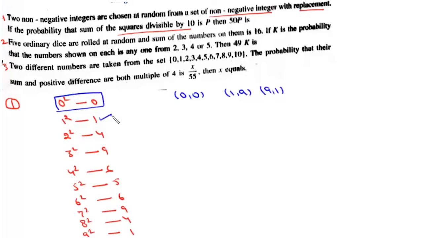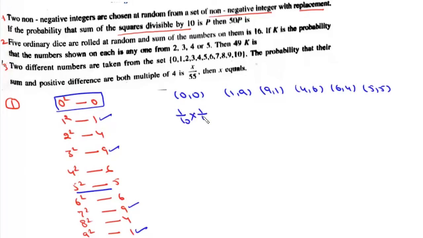Or it will be 4, 6 and 6, 4. And then we also have this 5, 5.